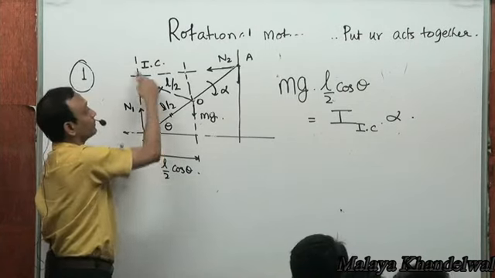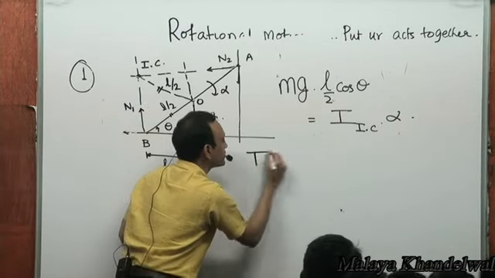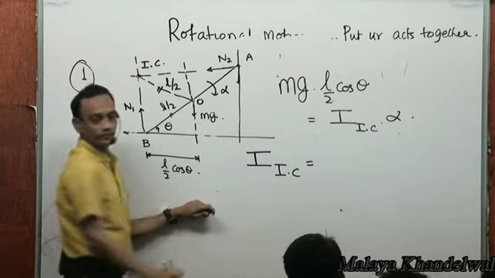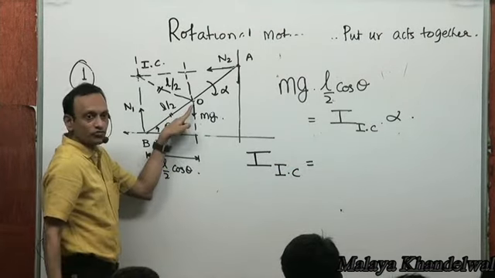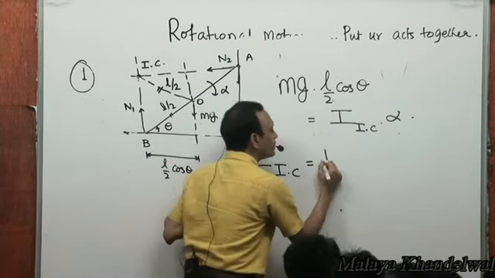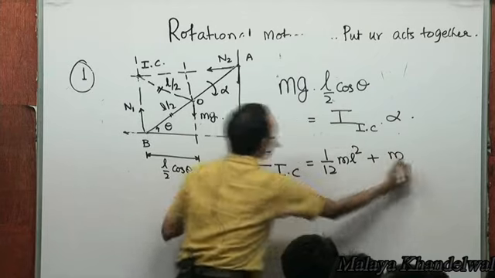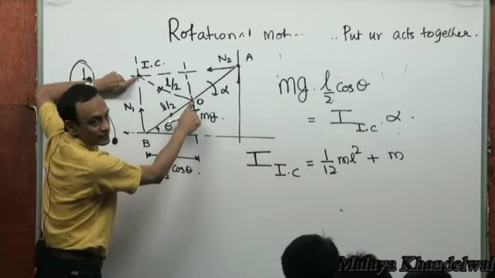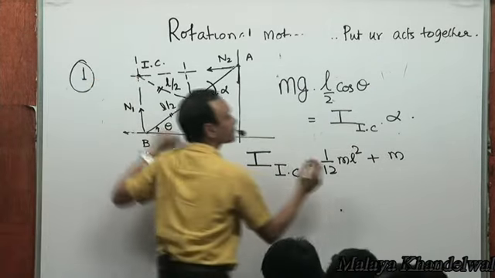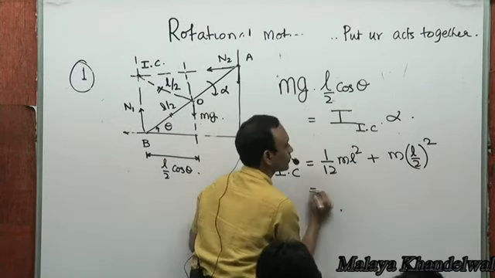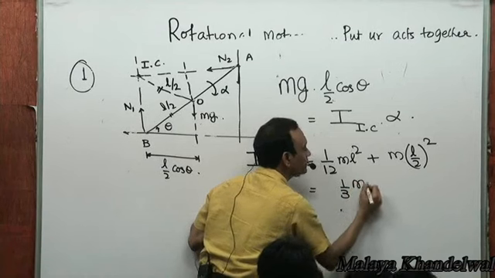Right? So then, I about the instantaneous center obtained from the parallel axis theorem is going to be I about the center of mass, which is 1/12 ml squared, plus m into this square, L square by 4, which is 1/3 ml squared.